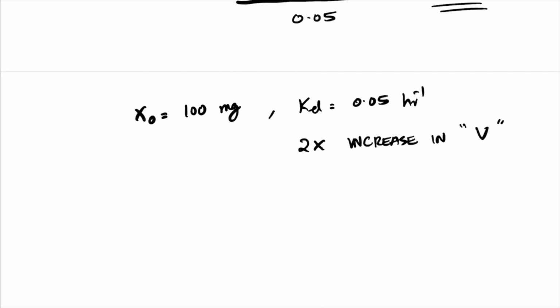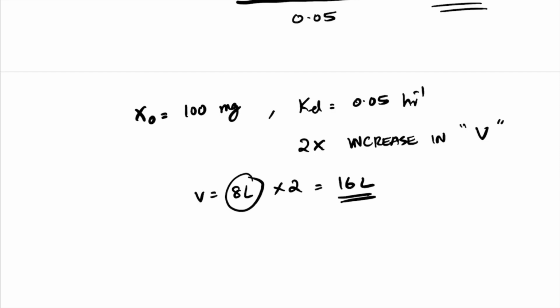So now we know, because the volume of distribution is given as 8 liters, the original volume of distribution is 8 liters. Now when it is doubled, it's going to be 16 liters.